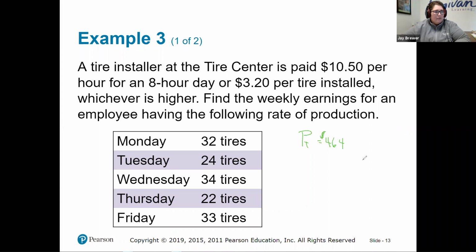Okay. The other option is $10.50 for an 8-hour day. So let's assume that he had a 40-hour work week. And the regular hourly ends up being $420.